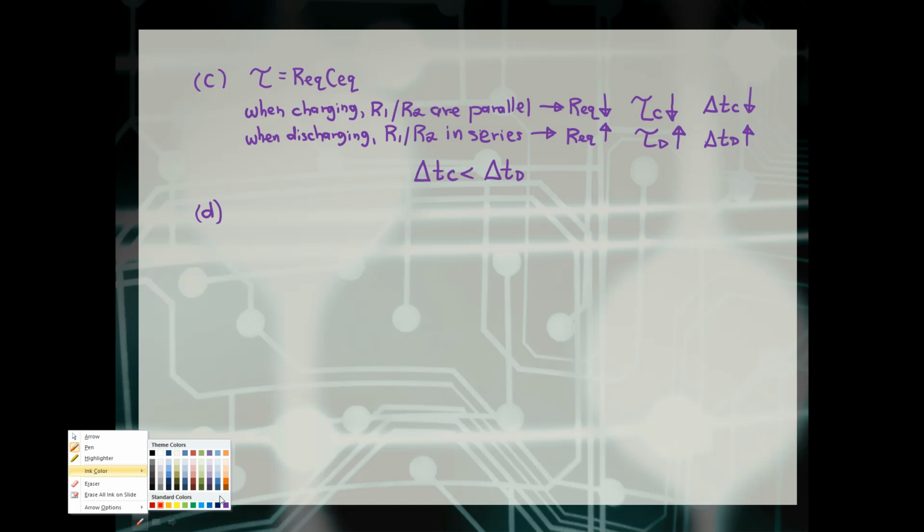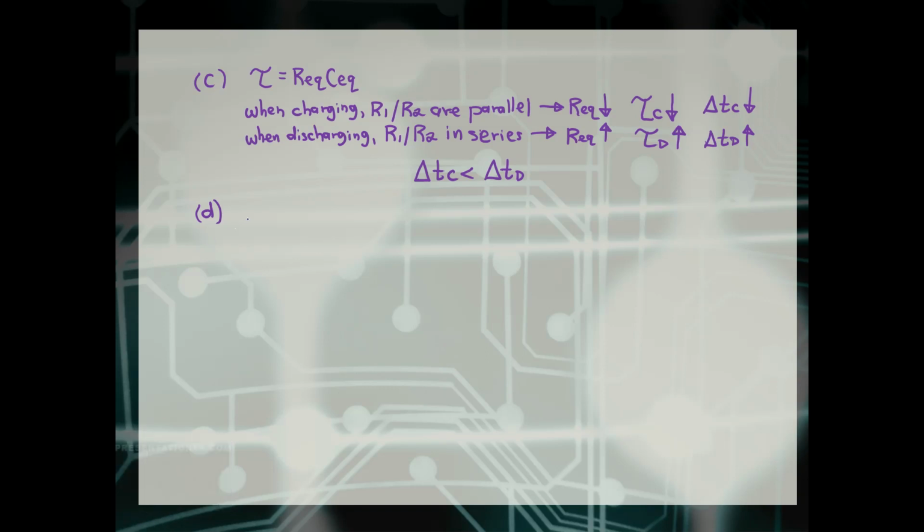Kirchhoff's voltage rule would be the sum of the voltage in that loop is equal to 0. Now, again, when you write down the loop rule, you just have to play dumb and assume that everything has a negative voltage across it, because that's how we've been treating them so far.